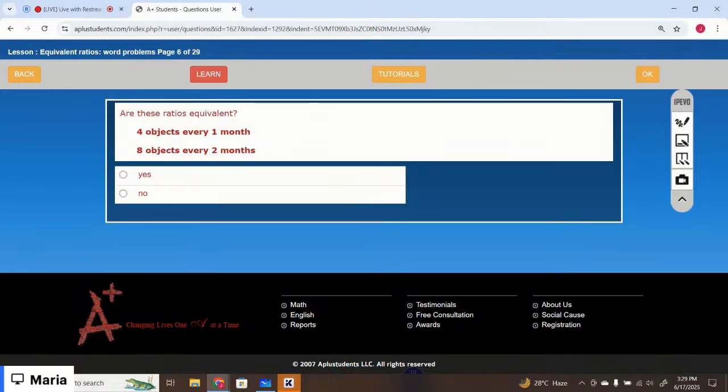So which is the correct option? That is, yes, they are equivalent. Option number one is the correct option.